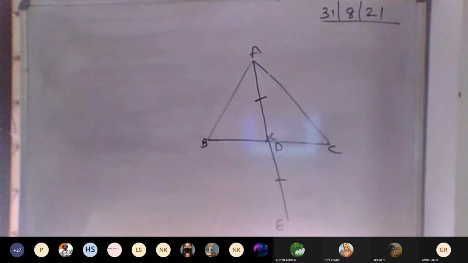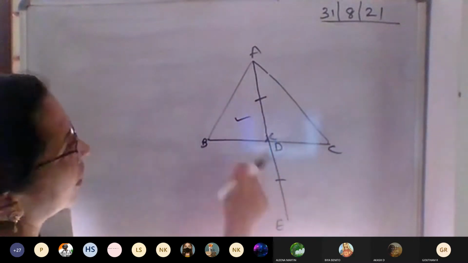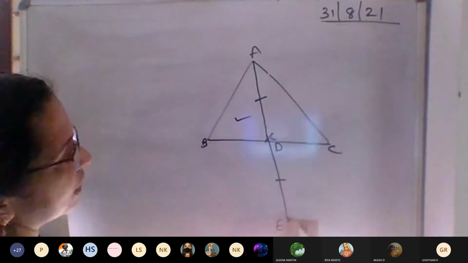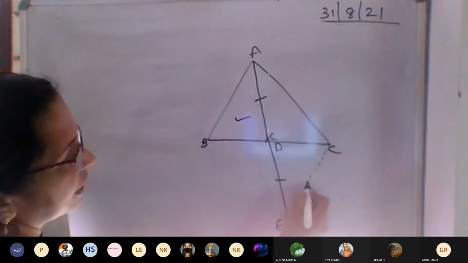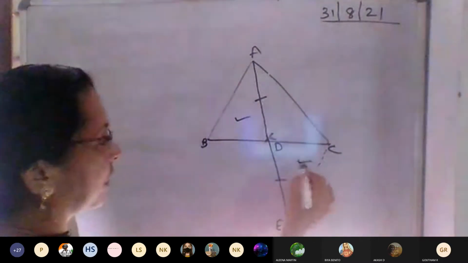Prove that triangle ABD is congruent to triangle ECD. Draw a dotted line here. We have to find out first whether these two triangles are congruent.